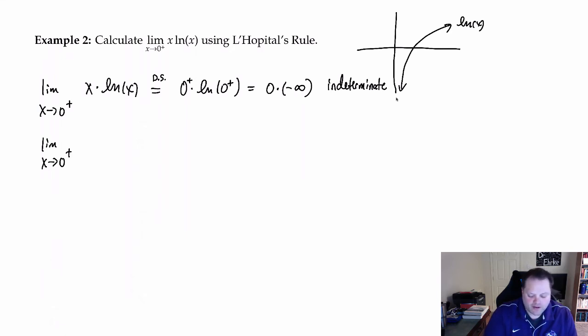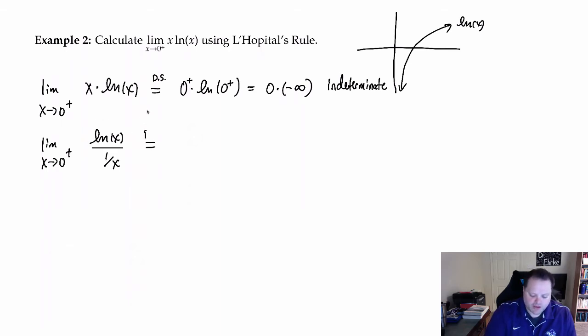So here's, I think, the best way to go about this. You've got natural log of x on top, and then instead of multiplying by x, I'm going to divide by 1 over x, which is the same thing, right? Dividing by 1 over x is the same thing as multiplying by the reciprocal of that, which is x. So these are the exact same thing algebraically, but now I have a ratio of two functions.